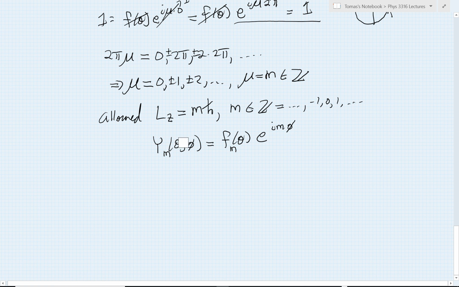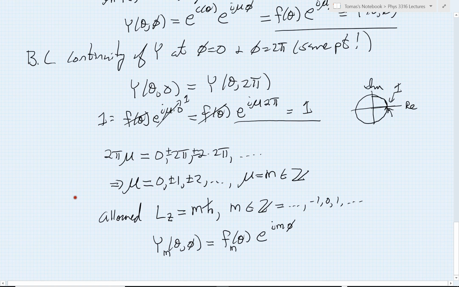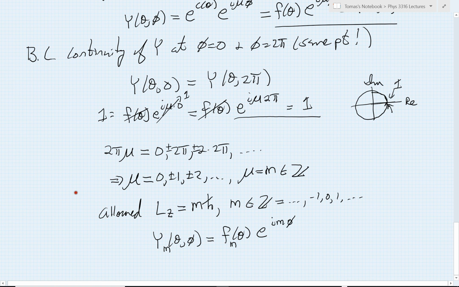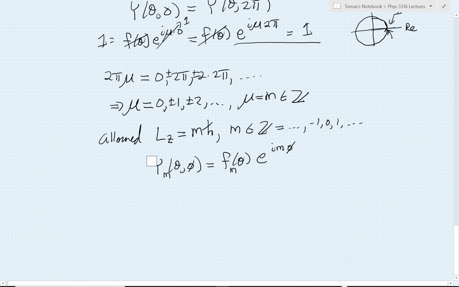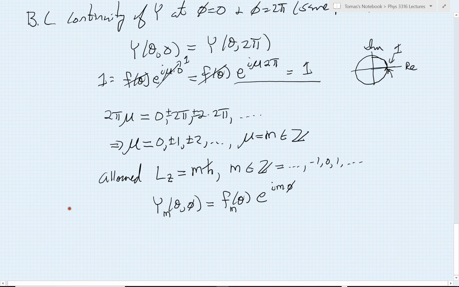We have to remember there are other possible dependencies that may come in as I look at L squared. I'm ultimately seeking functions of y that are going to somehow be related to the eigenvalues of L squared, so there will be some additional labeling that we will have to add to this a little bit later on. But at this point, I think we've got a nice complete solution for L_z.